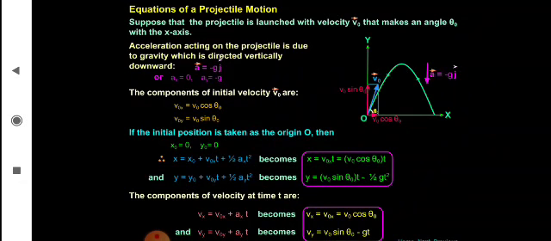We have to put the position; initial position we are taking as 0, 0, so x naught is equal to 0, y naught is equal to 0. After that we substitute these values in the position equation, and then find the components of velocity. So we will get Vx and Vy.